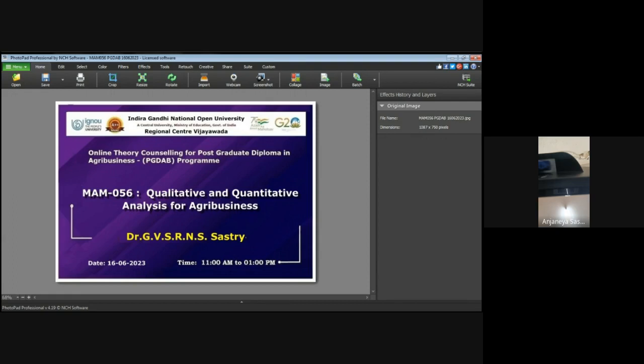Next, these are the models for presentation. This is a bar diagram, this is dotted lines, like that.